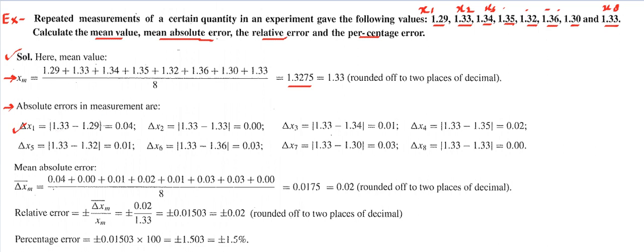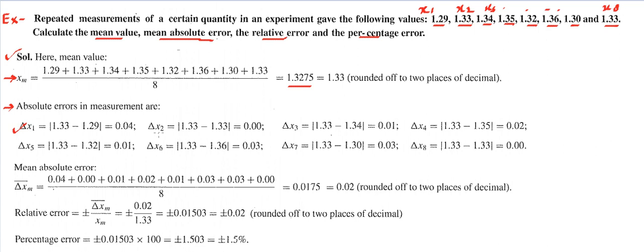The mean value that we have found is 1.33 and the first observed value is 1.29. So 1.33 minus 1.29, we take the modulus value, that means the positive value of it, which came out to be 0.04. The calculation you can do better. The point is how we are getting delta x1. This is the absolute error in the first observation.